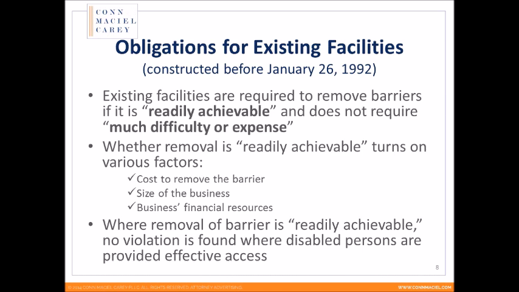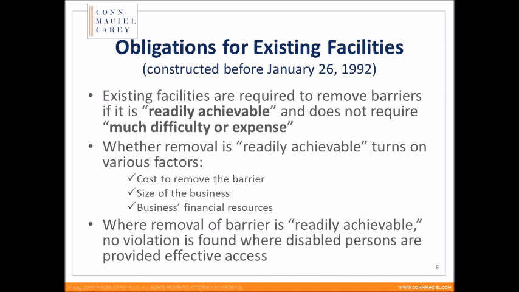So if you are a single store operator where you only have one store and it's been in existence since the 1980s and you don't have large resources, what might be available for you to modify, for example, your front walkway to include a ramp might be much more expensive than if you were a much larger property that had several properties around the country and much more significant P&L statements and financial resources.